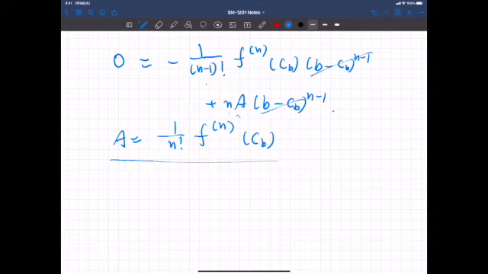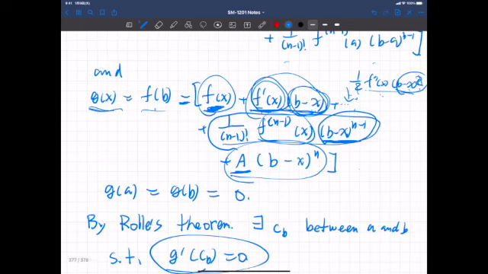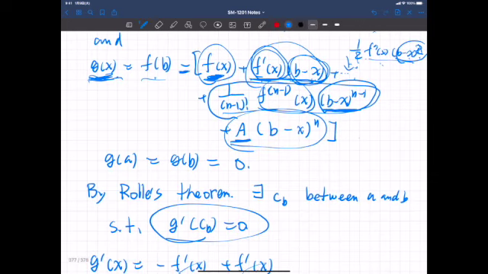So if we substitute this A into the definition of A, we have the equation to be proved.